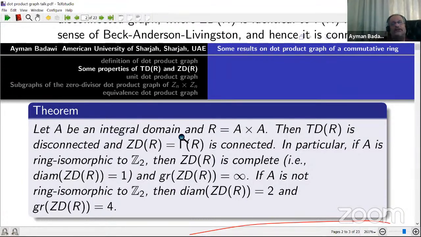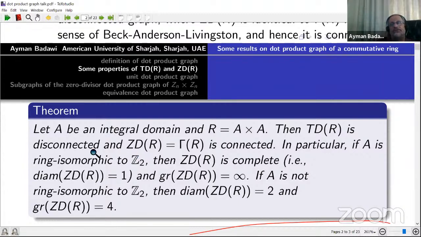So if you have an integral domain A and R is A cross A, then the total dot product graph TD(R) is disconnected. So it will be disconnected, completely disconnected.